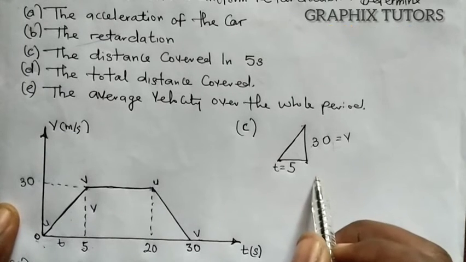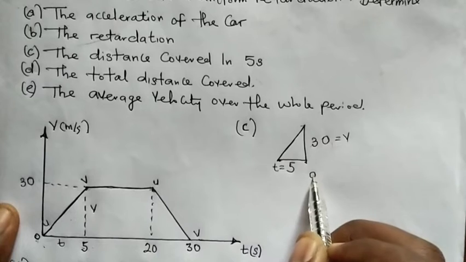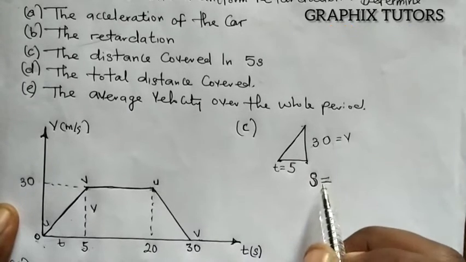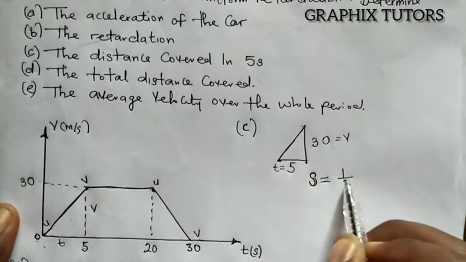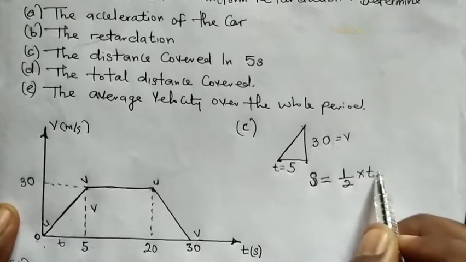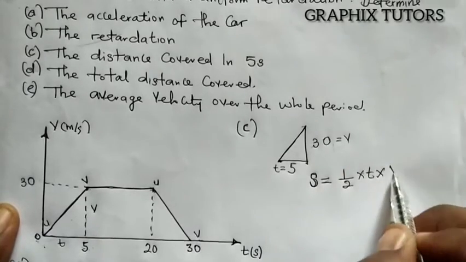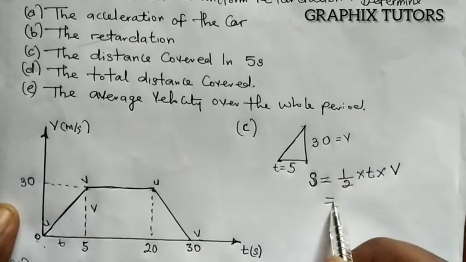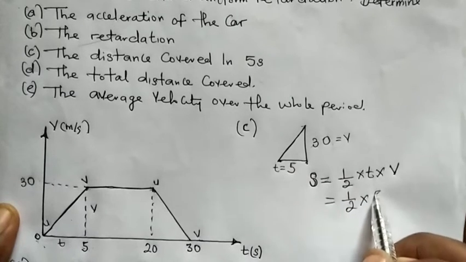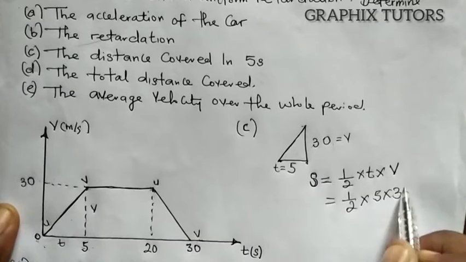So our displacement x is equal to half base, our base represented by t, times the height, which is v.